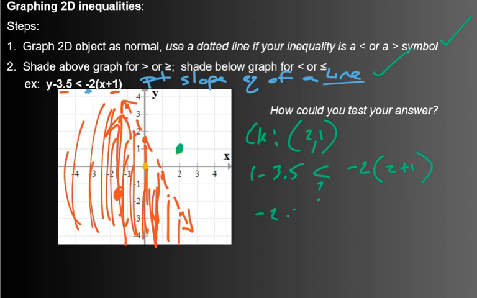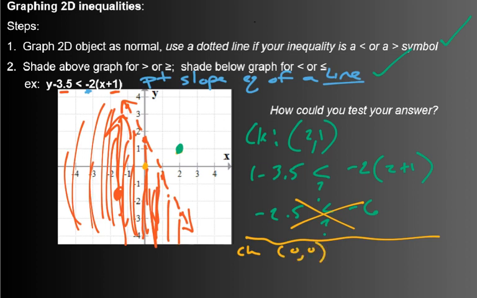This is negative 2.5, and this would be, let's see, 3, negative 6. So this is good. It's good that it didn't work because negative 2.5 is not less than negative 6. So this should not be part of the answer. You can also check the 0, 0.